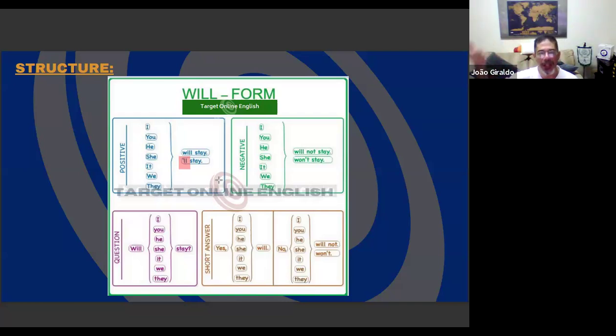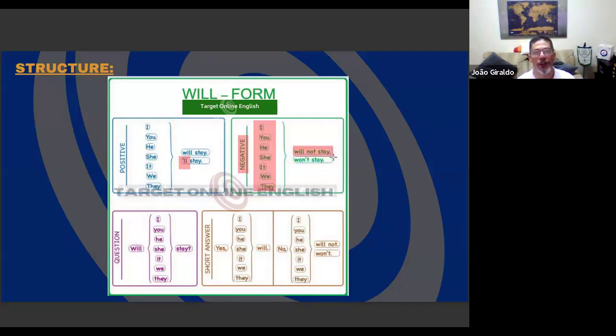Okay, I will stay or I'll stay. This is already the indication of future. Okay, in the negative structure, again, we have the subject of your sentence, and you use will not stay.